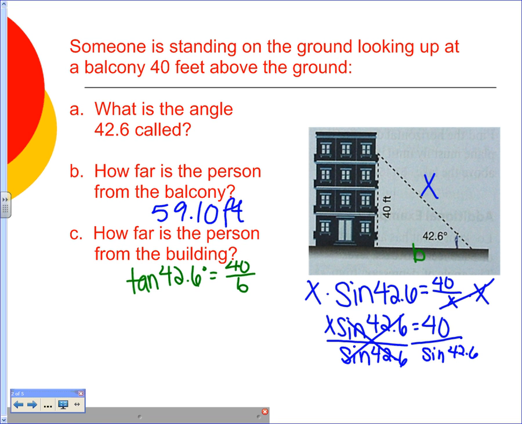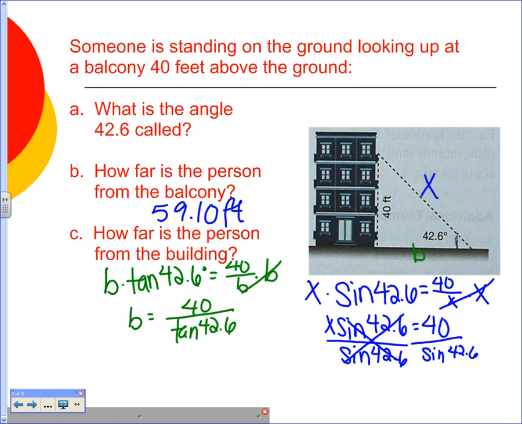Right? So multiply both sides by b. And so what do I say, 40 times tangent 42.6? Or 40 divided by tangent. Does that make sense?